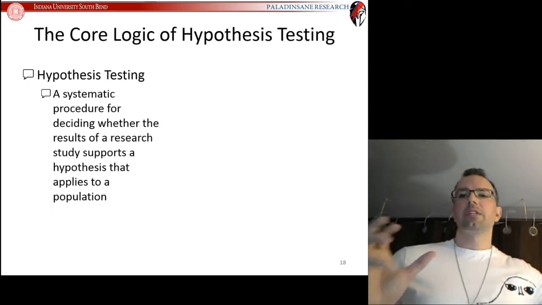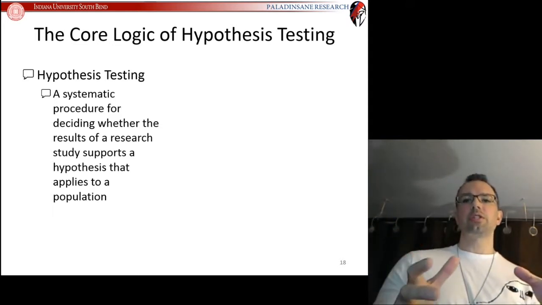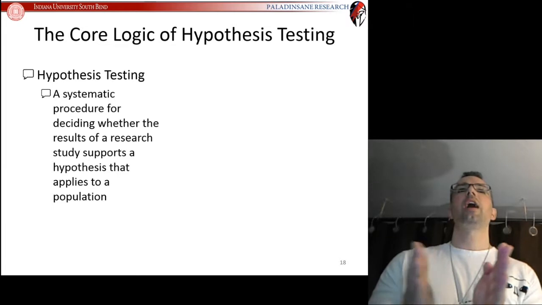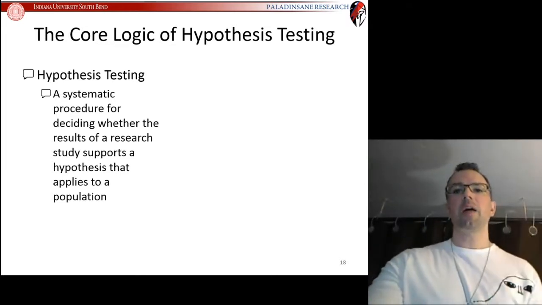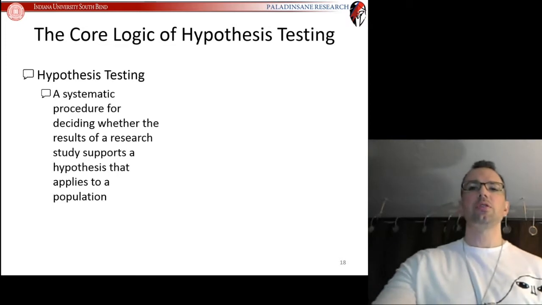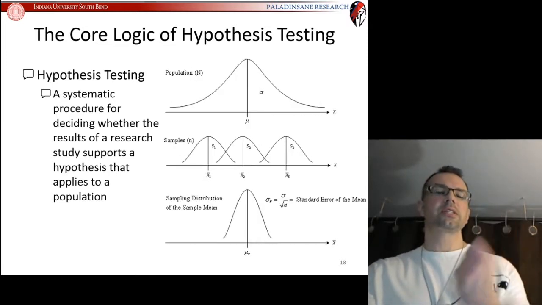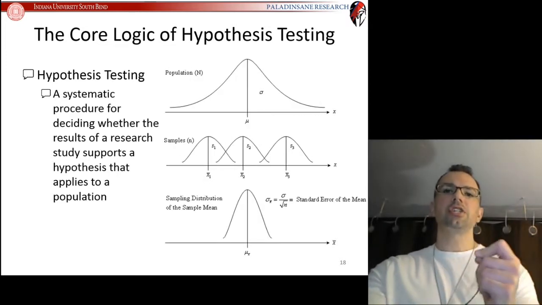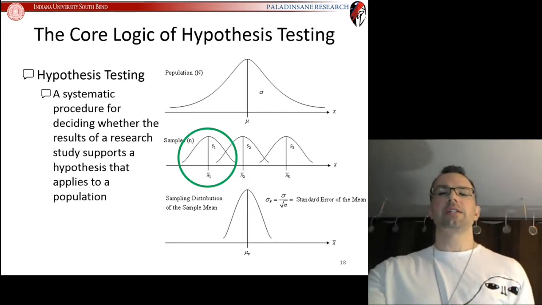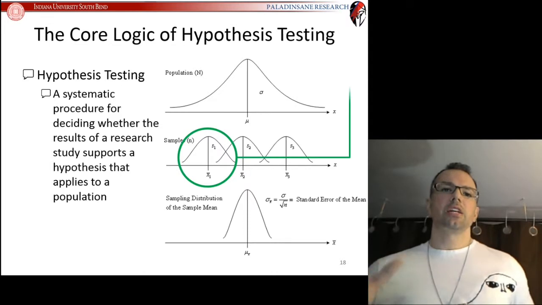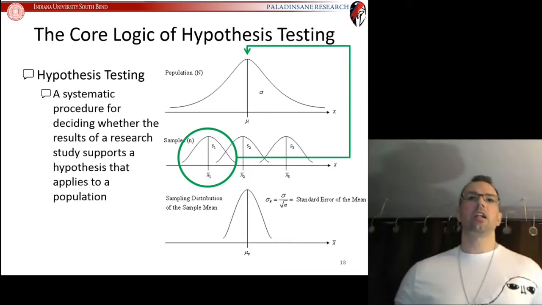Hypothesis testing is a systematic procedure for deciding whether the results of a research study support a hypothesis that applies to a population. Another way of saying that is that hypothesis testing is what allows you to take the results from a sample and intelligently, ethically, correctly infer things about an entire population.